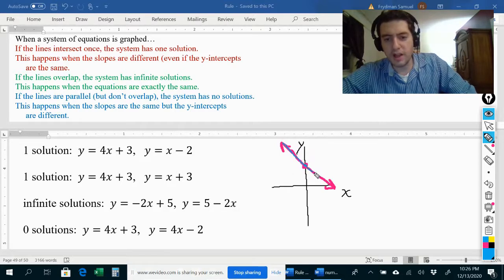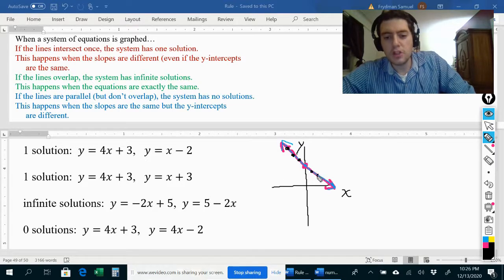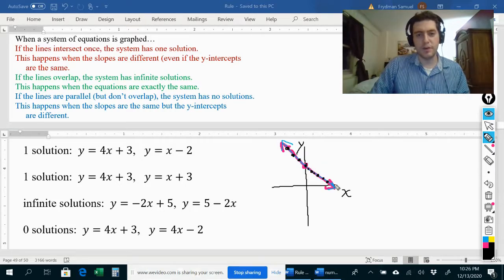So really, these lines are exactly the same, which means that any point along here is a solution not only to this equation, but also to this equation, because really it's the same equation. Instead of writing negative 2x plus 5, I wrote 5 minus 2x, but really that's the same thing. All right, this will have an infinite number of solutions to the system.